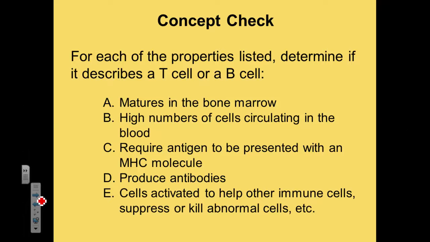Okie dokie. Option A is going to be associated with B cells. Option B is associated with T cells. Option C is associated with T cells. Option D is associated with B cells. And option E is associated with T cells.